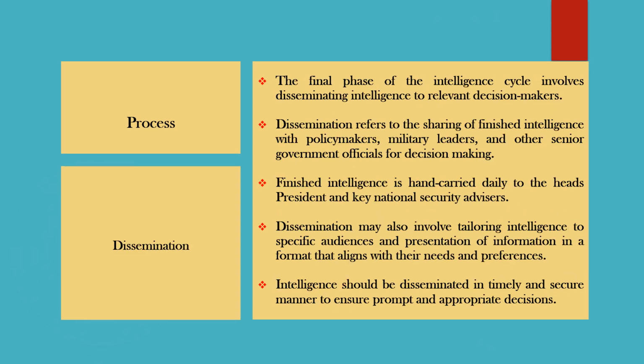The other important area in the intelligence gathering process is what we call dissemination. And this is normally the second last stage in terms of the actual phases of intelligence gathering. But it is not the final of it, because the final is evaluation. The final phase of the intelligence cycle involves disseminating intelligence to relevant decision makers.